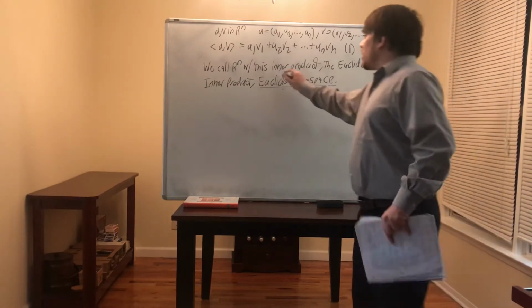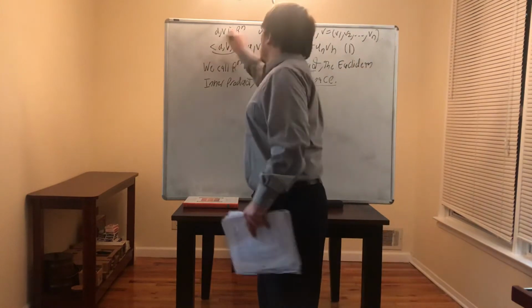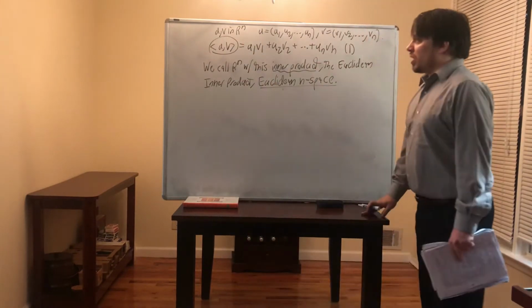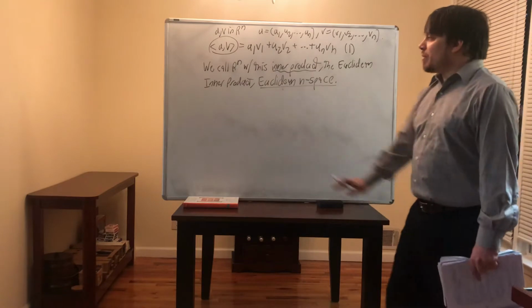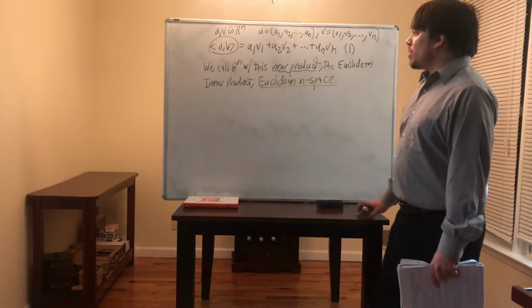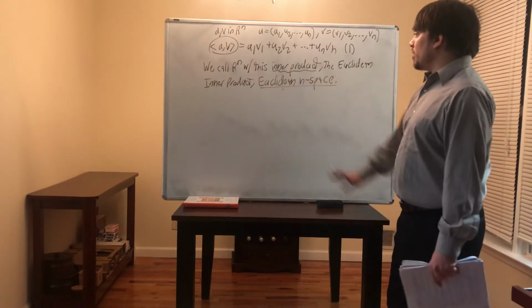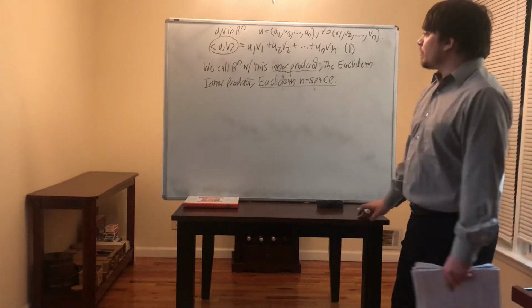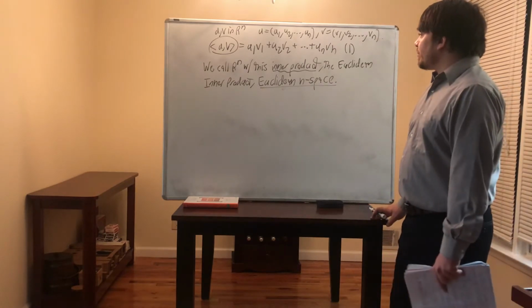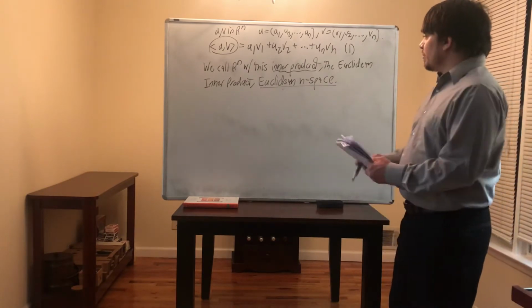Sorry, the inner product, this thing, is called the Euclidean inner product. So the name of the function is Euclidean inner product, and Rn with the Euclidean inner product is called Euclidean n space.